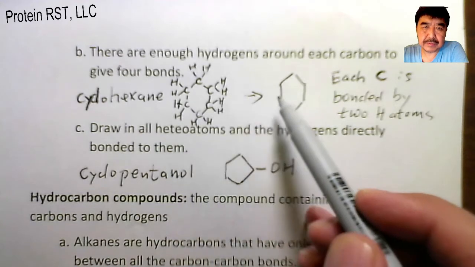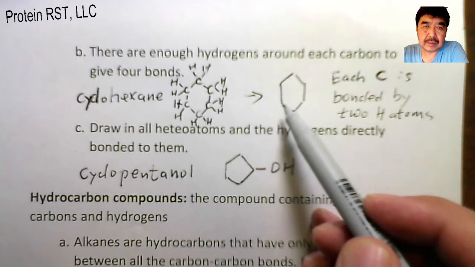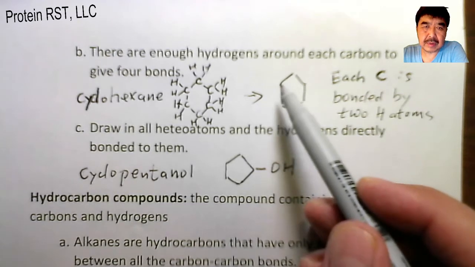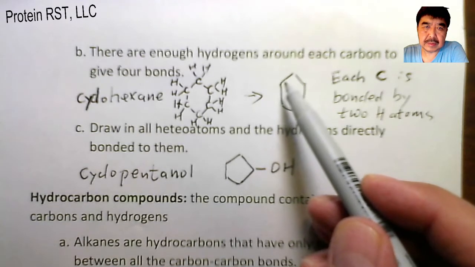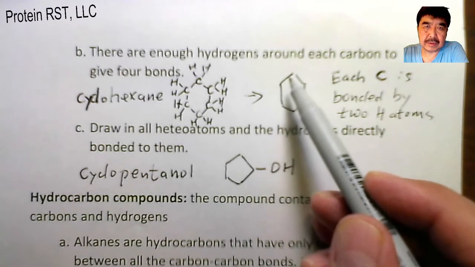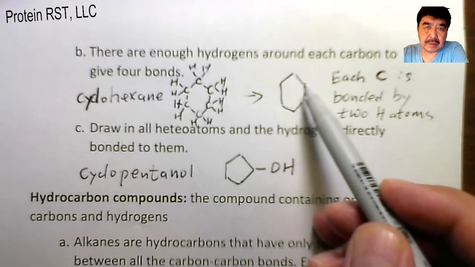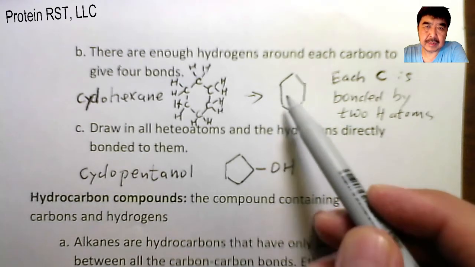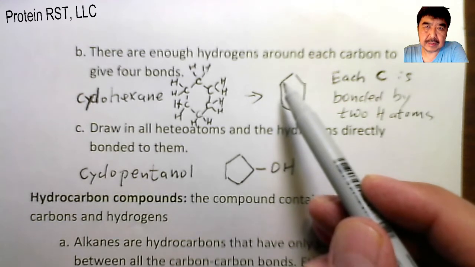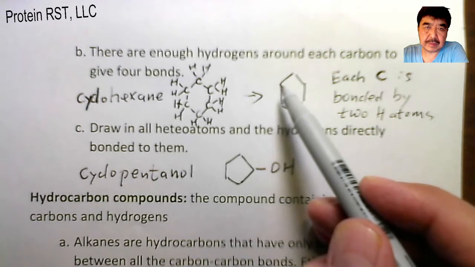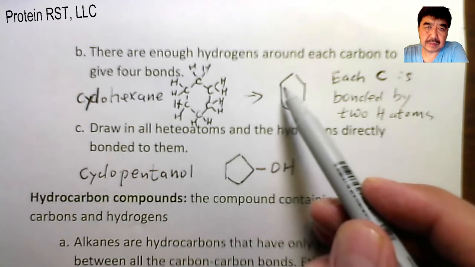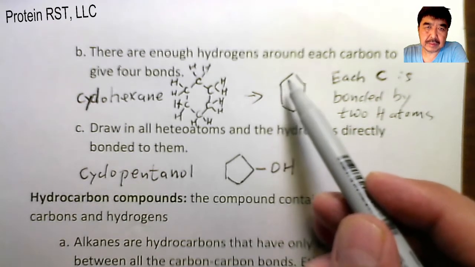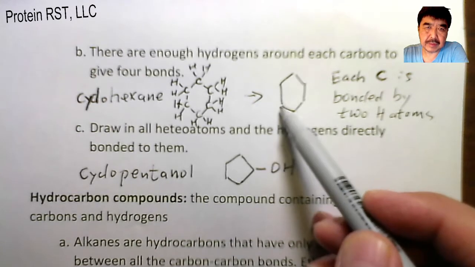But when we draw a skeletal structure, we only show the bonds between carbon atoms, and each junction represents 1 carbon. For example, this carbon in this skeletal structure has 2 covalent bonds to another 2 carbons.